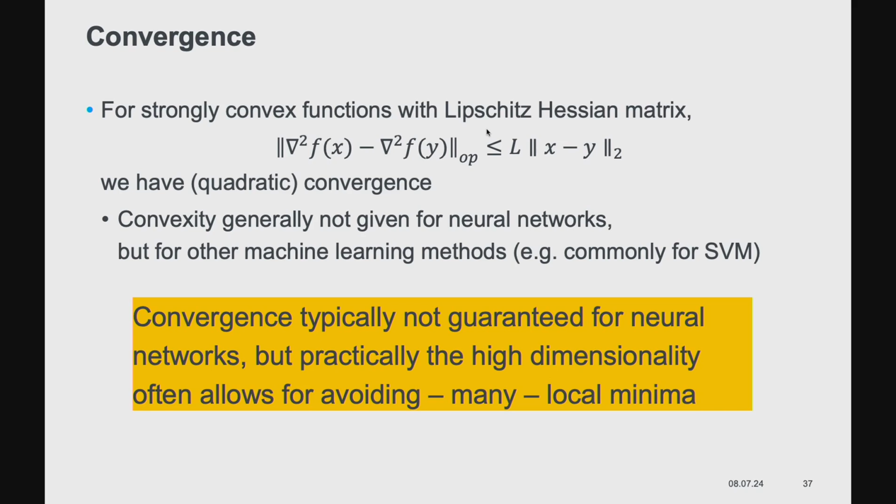Then there is a certain input difference here and a certain output difference between these two on the other axis. For specific functions, we may be able to state a Lipschitz bound, which basically says that this increase here is less than L times the interval here.